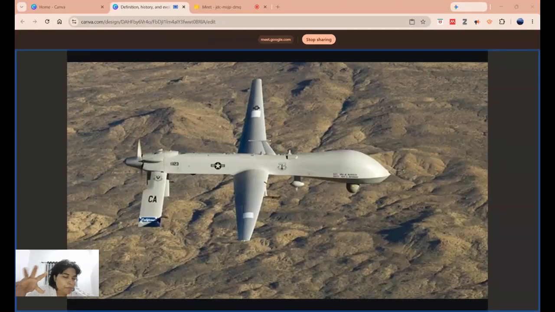But this drone, or what we call UAVs, they are unmanned. So UAV stands for unmanned aerial vehicles. Okay. So commonly, for now, we will simply call them drones because that is one such word which we are very well familiar with.